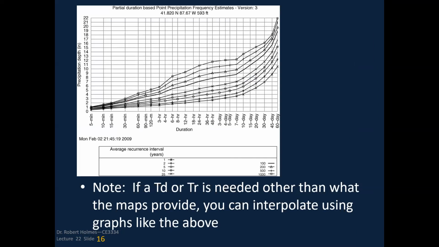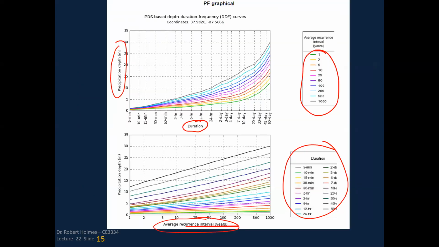All right, one thing. When we get into, like, the rational method for rainstorms and things like that, we're going to want a time of duration that is possibly less or not, that fits one of these standard duration times.